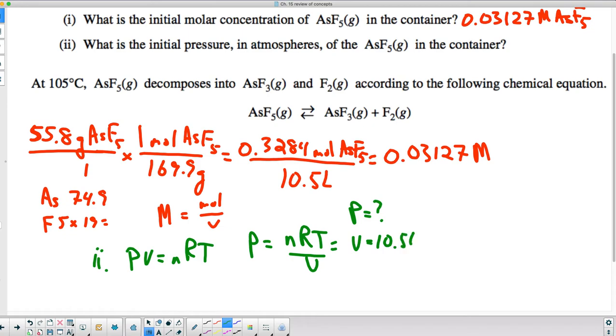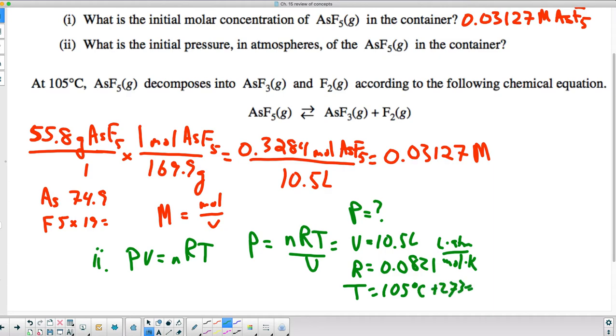The R, I'm going to do my pressure in atmospheres. So this is liters times atmospheres over mole Kelvin. My T is 105 degrees Celsius plus 273 equals 378 Kelvin.